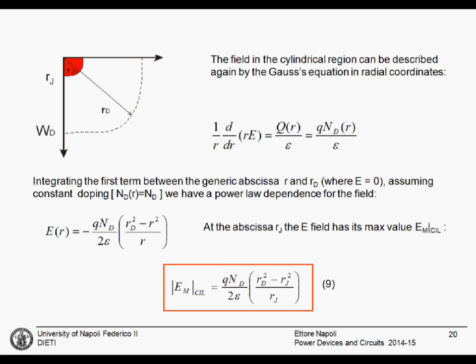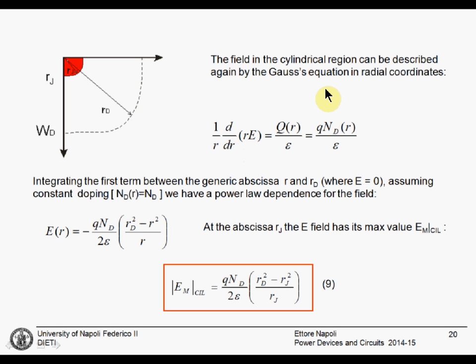We can always use the Gauss equation to calculate the electric field in the cylindrical region. The only difference is that the Gauss equation must be written in cylindrical coordinates. It can be done, it's not exactly easy. The equation that we obtain is this one.